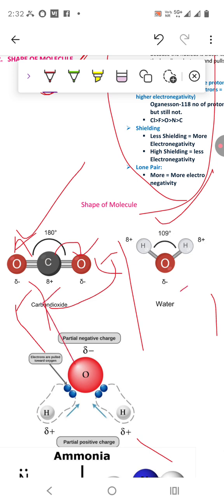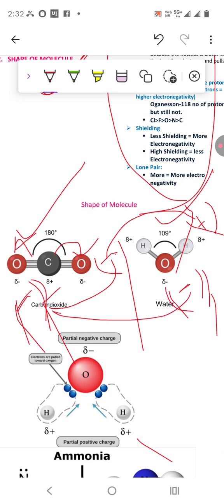Because in water, one end is negative and the other end is positive. So one negative end will attach to a positive charge, but here the other end is also negative. This will repel, they will not attach to each other. That's why carbon dioxide is not polar. Because of the shape.